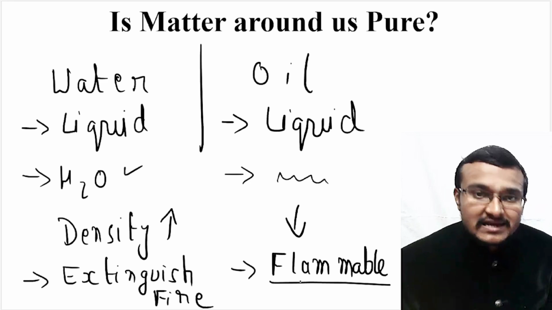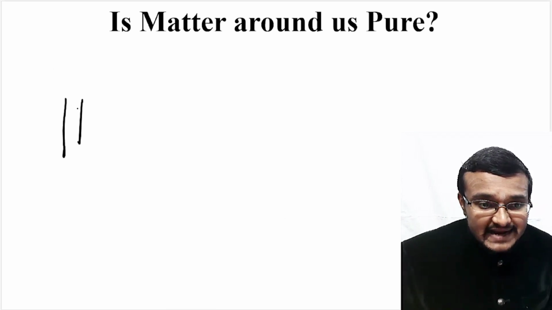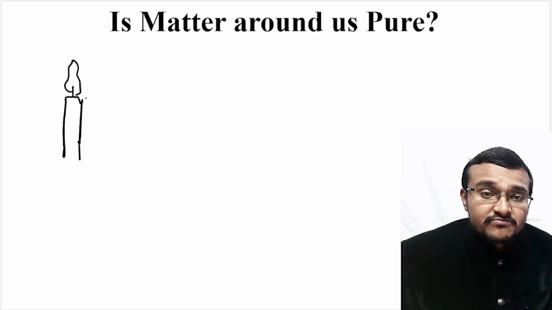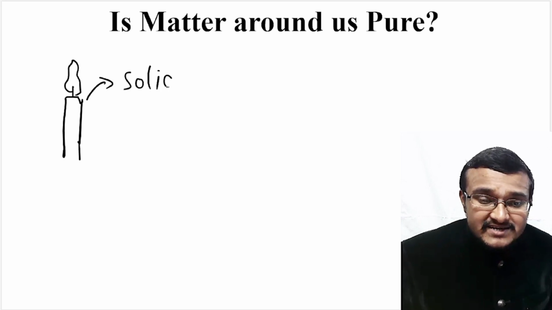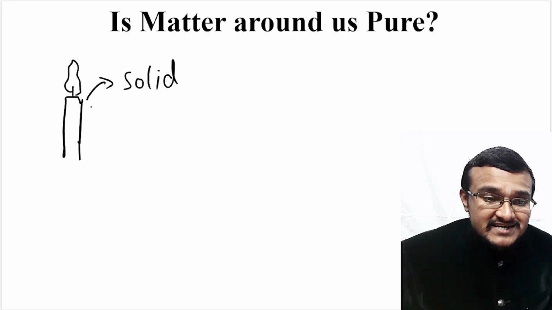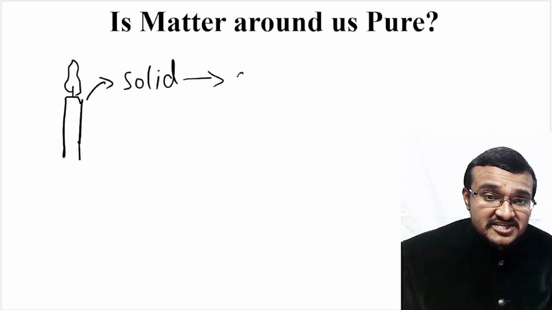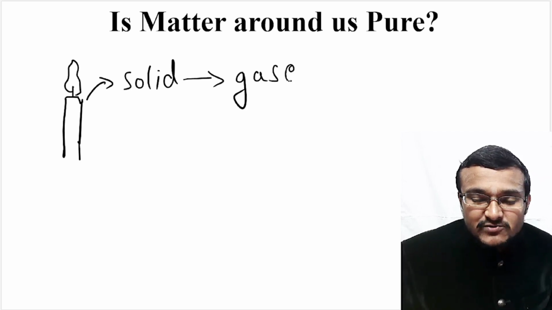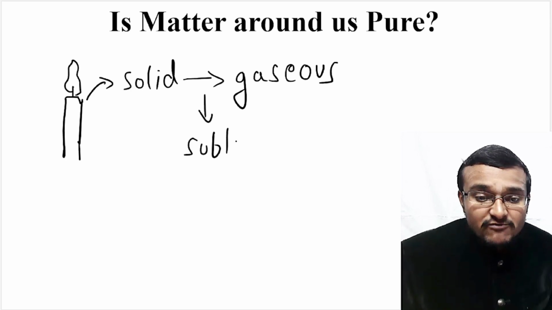So coming to the third case, when you actually burn a candle, you can clearly see the candle burning with fire. This candle is in the solid state, and this solid candle is getting converted to the gaseous state. So solid is converting directly into the gaseous state, and this process is known as sublimation, which I have already explained in my previous videos.